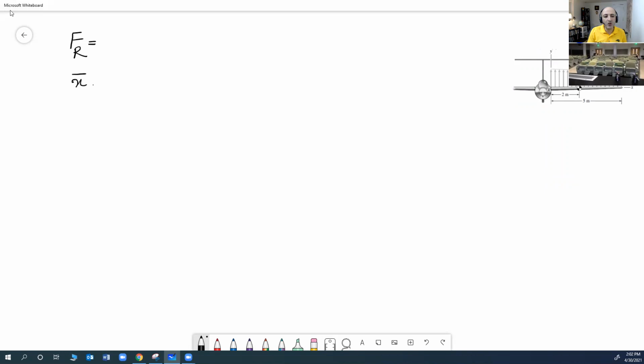And X bar, the location of the FR, which the problem kind of gives as the centroid, but let's find it. Let's assume that this is not given. So in words, do you guys remember what is FR? Not the equation, just the word. What is FR when you have a distributed load?